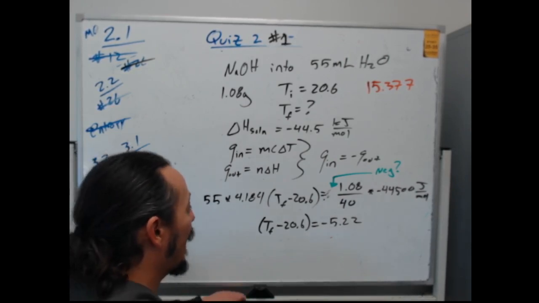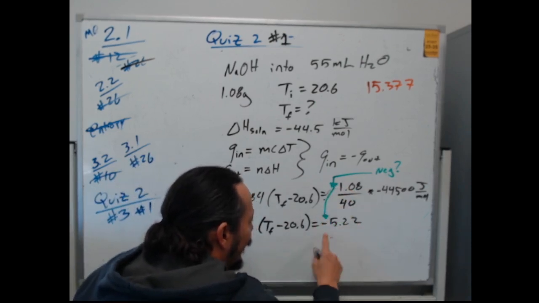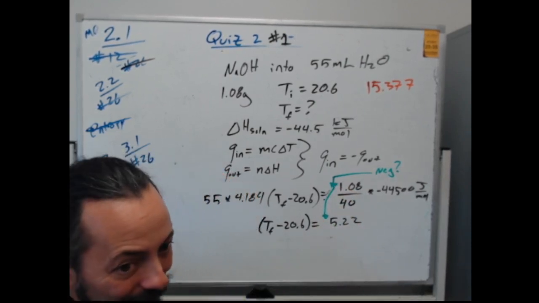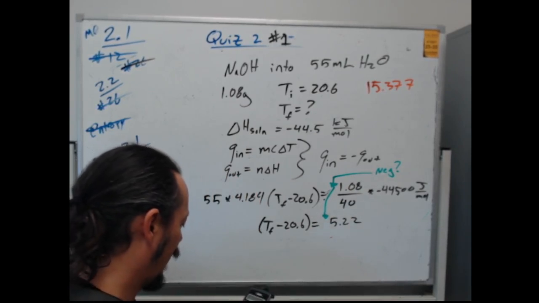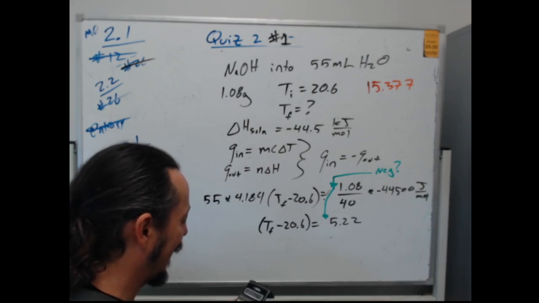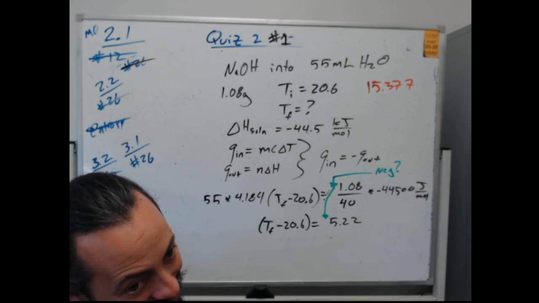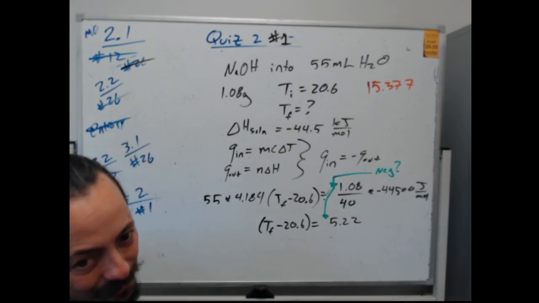Now, if I remember that negative sign, I just erase that. And I do 5.22 plus 20.6, and I get an answer of 25.8. Just that negative sign.